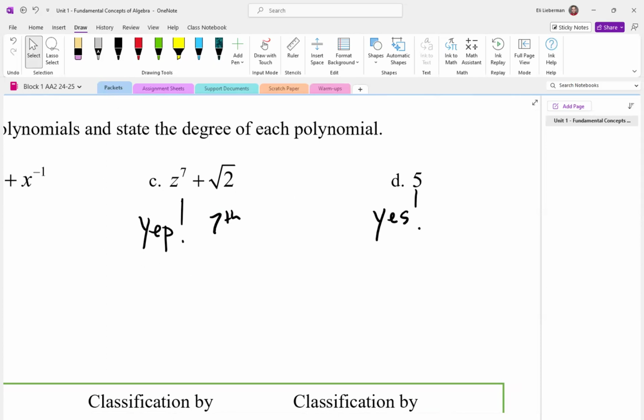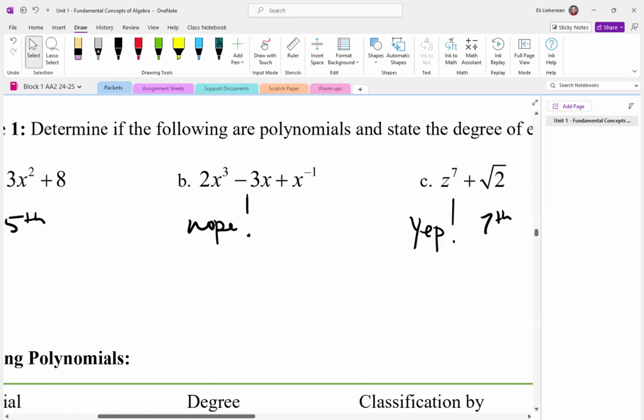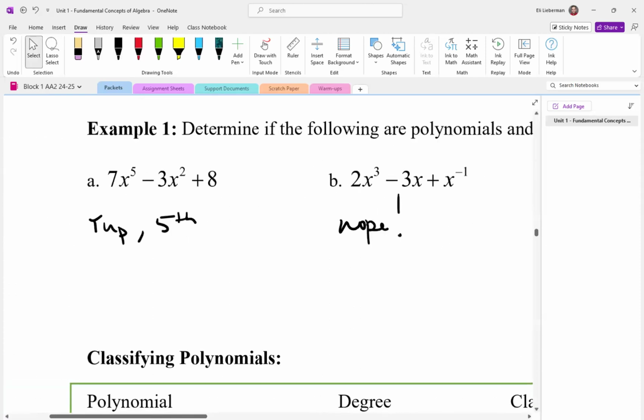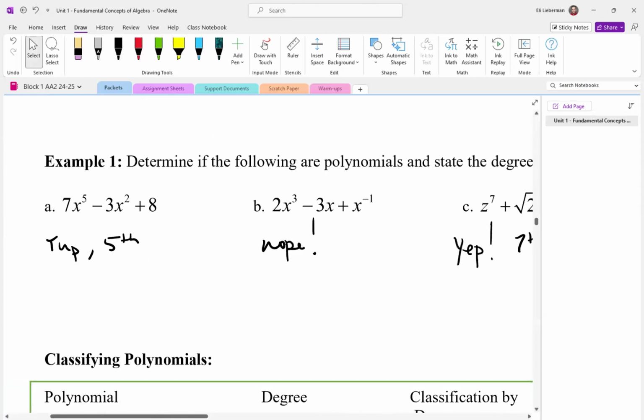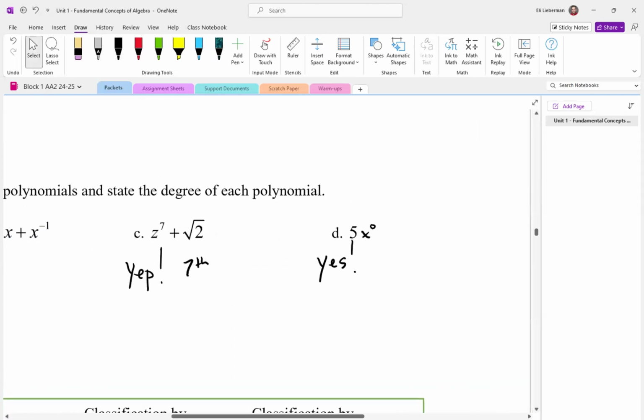Can't be zero. If you had to force a variable into that, we would say this is 5x to the... Zero is anything with one. Oh, so isn't that the same thing as 5? Yes, because the degree comes from the variable associated with the highest term. So we kind of had to force a variable in here.